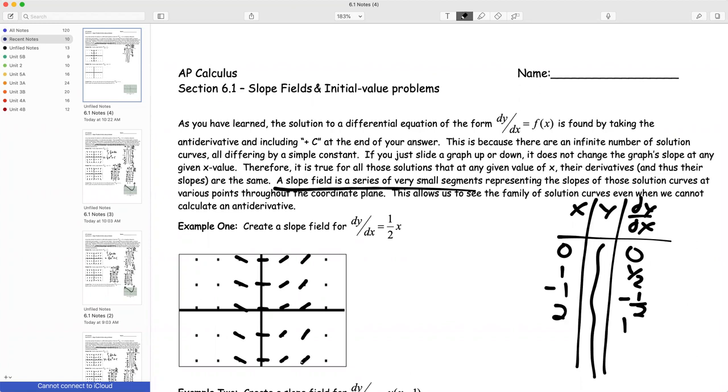So that one obviously is going to be a little bit steeper than the last one that had a slope of 1/2. And if x is -2, I will have a slope of -1. So I'm going to go over to the other side and draw in those slopes.